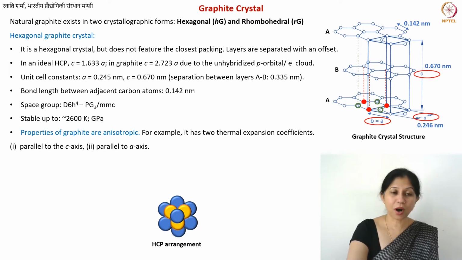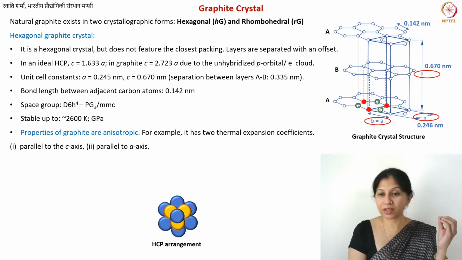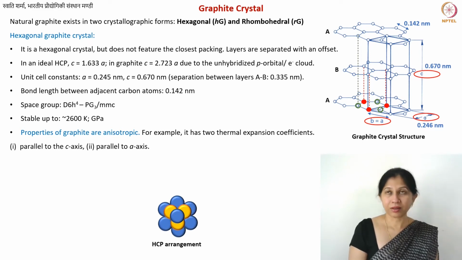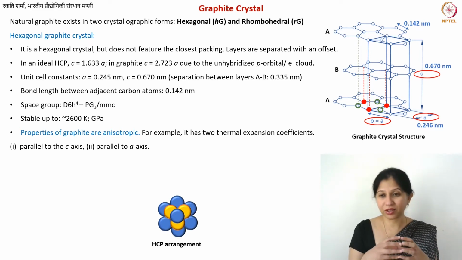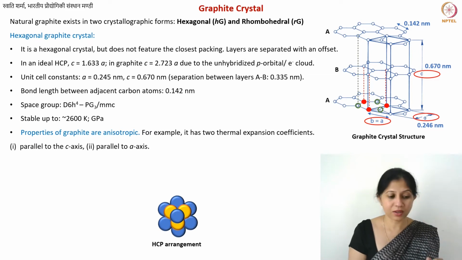Okay. Now the properties of graphite in general are what is known as anisotropic. Anisotropic means you have different values in one direction compared to the other direction. You can see that there is so much difference in the crystal structure when it comes to the in-plane graphite structure and the perpendicular to the plane graphite structure. So it is very obvious that we are going to have different sets of properties, whether it comes to electrical conductivity, thermal properties, or magnetic properties and so on.